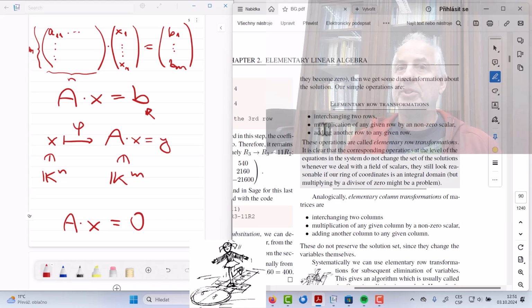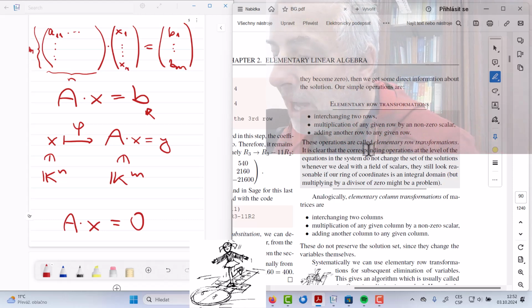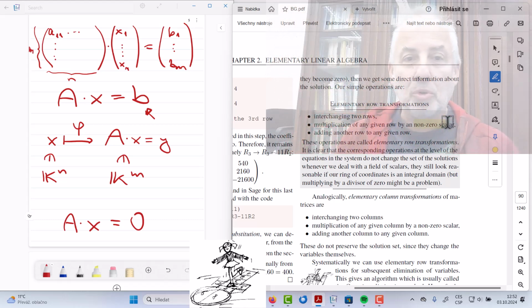So non-zero scalar means that a multiple by this non-zero scalar will again be non-zero. So if we are in a field of scalars, so for simplification, you can simply assume that we are over reals or over complex numbers, then it's reversible, right? So it's an invertible scalar. So the best way would be to say we want to multiply a row with an invertible scalar. That's safer.